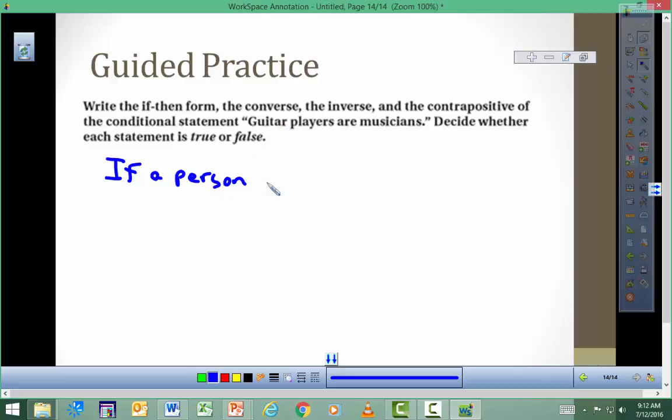If a person is a guitar player, then they are a musician.